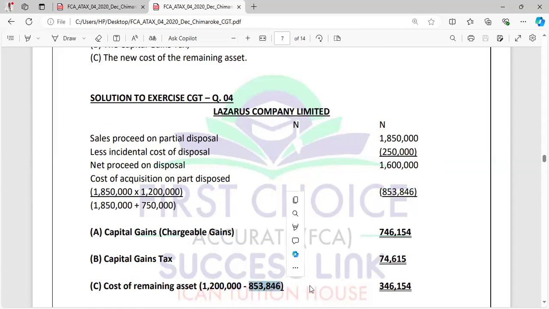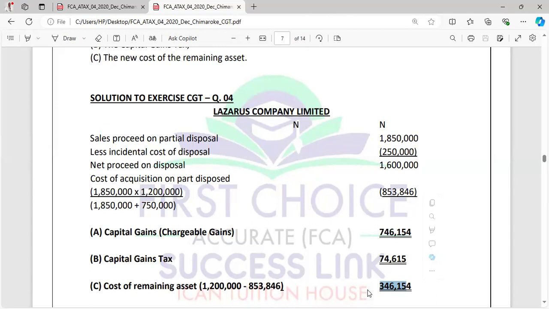The difference will be the cost of the part remaining. Now this is the original cost of the part remaining. Meanwhile, this is the market value of the part remaining. We are not asking for the market value, we are asking for the original cost. So when you hear the word cost here, it is original cost. When you hear the word value, it is market value.